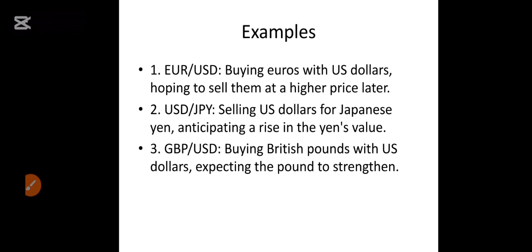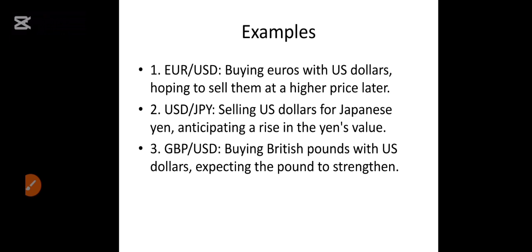Okay, so that applies to USD/JPY, selling USD/JPY for Japanese yen, anticipating a rise in the yen's value. So if you are selling the US dollar for Japanese yen, let me say you have a US dollar with you and you go to the Bureau de change and say, exchange this US dollar to Japanese yen for me. That means we are anticipating that probably the Japanese yen will rise against the US dollar.